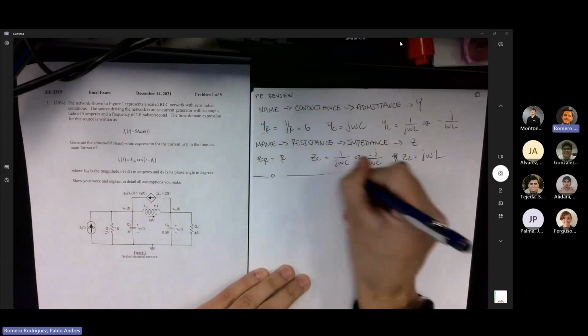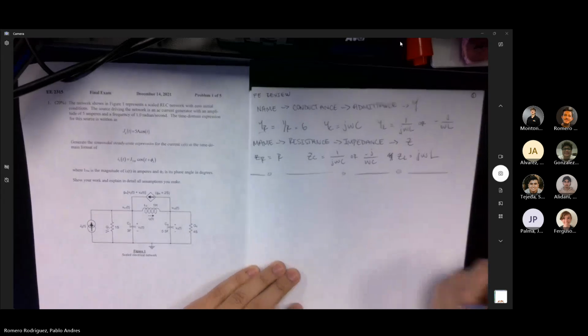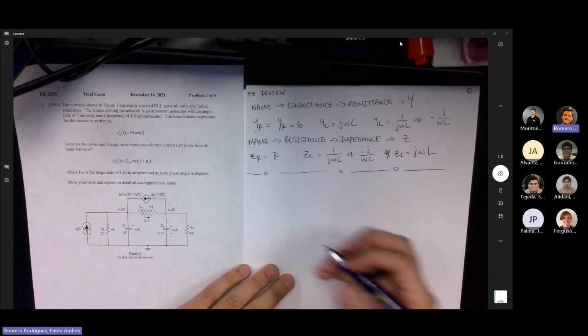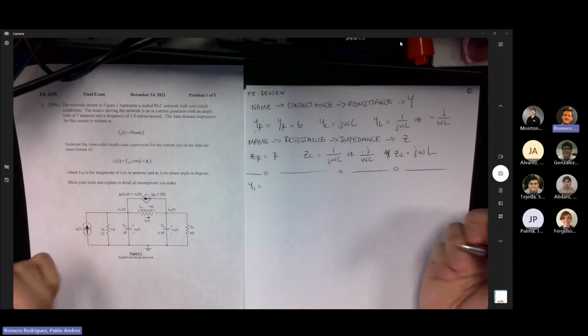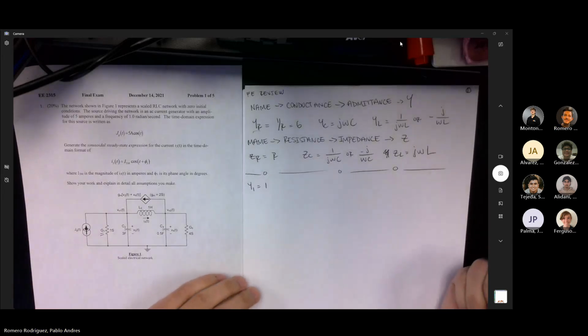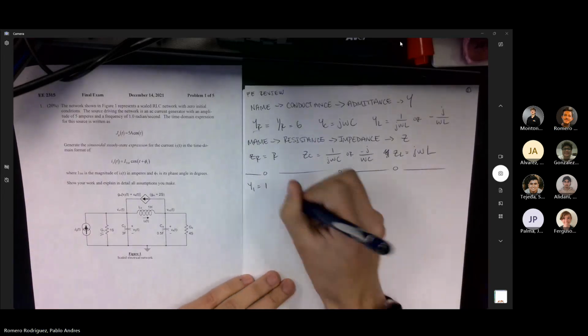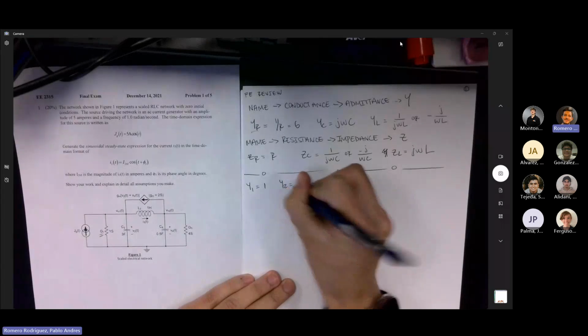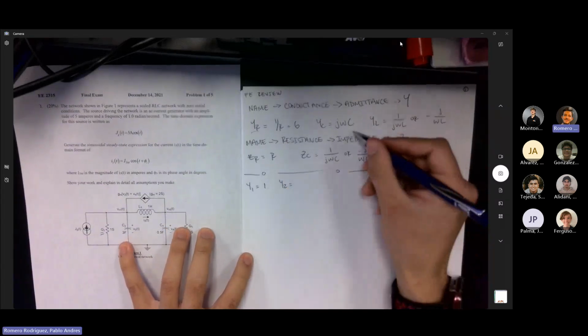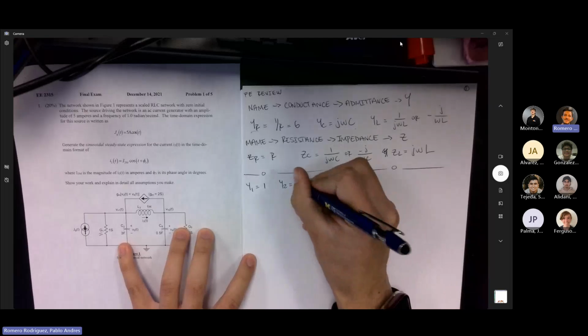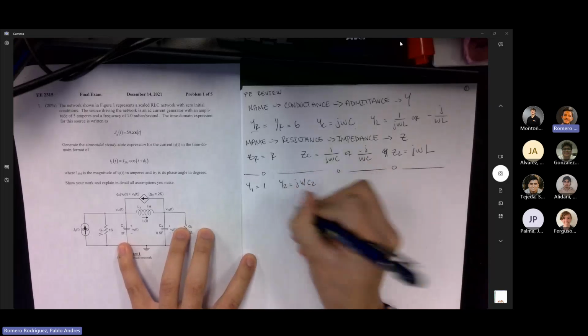For this problem, let's name our components. Y1 is going to be G1, which is just 1. Y2 is going to be this capacitor here, so it's J omega C2.